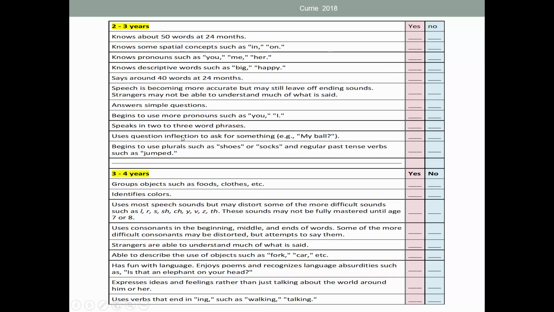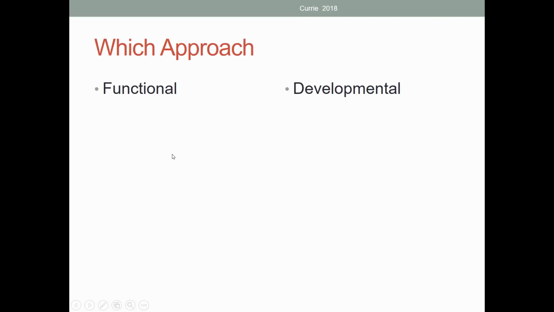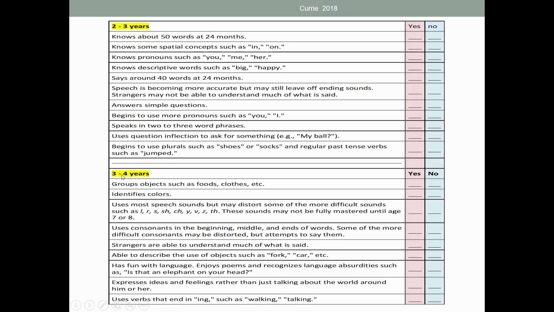So let's say they're 7 years old and they're now speaking in 2 to 3 word sentences, and they're now using questions to say things like me up or my ball or have juice, and they're using plurals, but when we move along the scale, they're not doing anything in this category. So you would say yes, yes, yes, yes, yes, all the way down here.